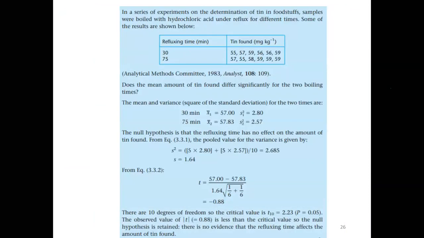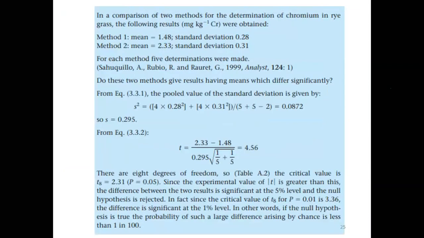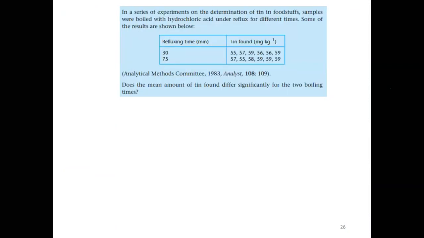Okay, let's see another example here. The determination of tin in foodstuff. Samples were boiled with hydrochloric acid under reflux for different times. So the reflux time is different, 30 minutes and 75 minutes.